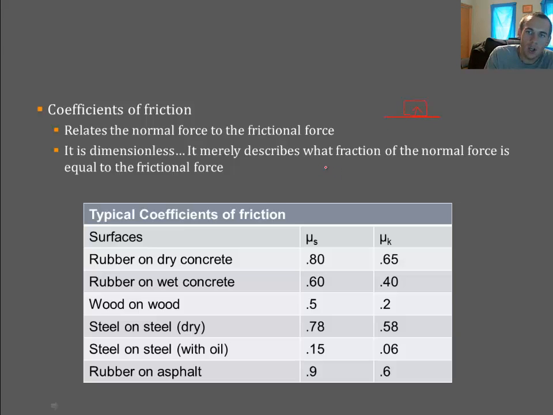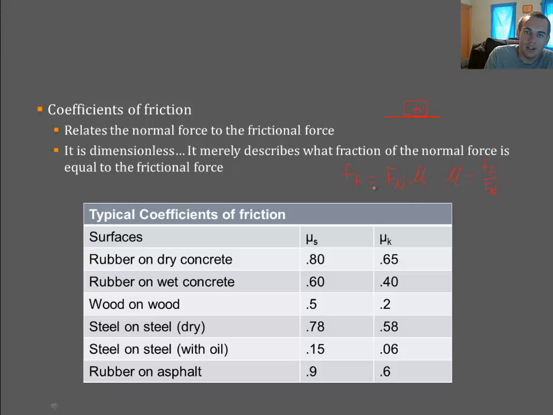And so what you guys learned in lab was that the frictional force is equal to the normal force times the coefficient of friction. And we can change this to static and static or kinetic and kinetic, but this is generally what we have. Or you could say that the coefficient of friction is equal to the frictional force divided by the normal force.